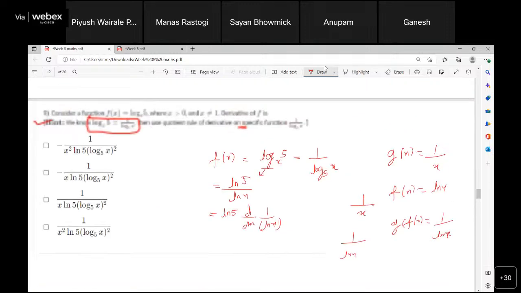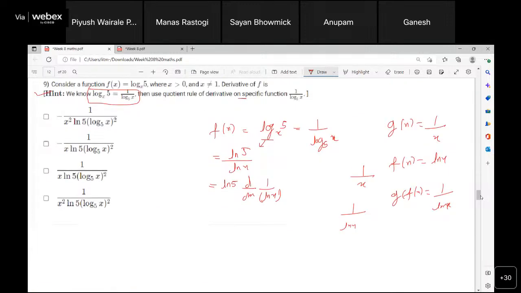Now let's go back to this question. If I differentiate it, ln of 5 will be there, right? Into minus 1 by x ln of x square. So it was minus, okay, wait, I will put the minus sign here. Now we have to simplify this term to bring it to this form.